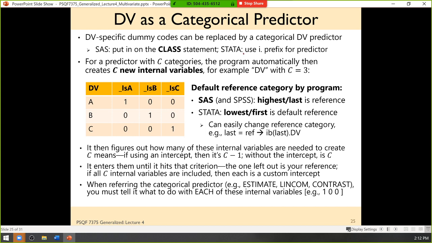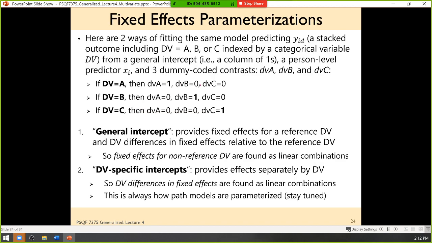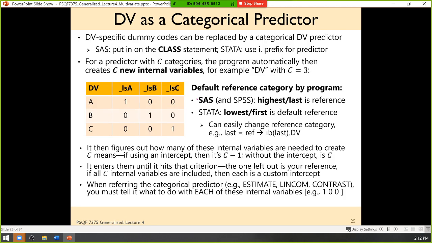If you put which DV is which, that column, into the categorical option in your software, so if it goes on the class statement in SAS, or if it's an i. or what's known as a factor variable in Stata or R, this is what it's doing for you internally. It's the exact same thing as what was on the previous slide, making these DV-specific dummy codes.